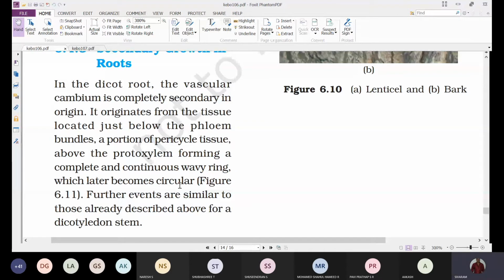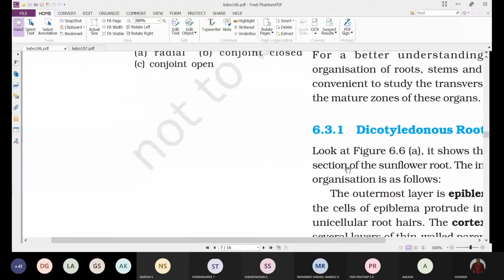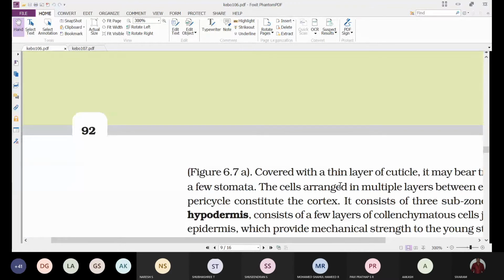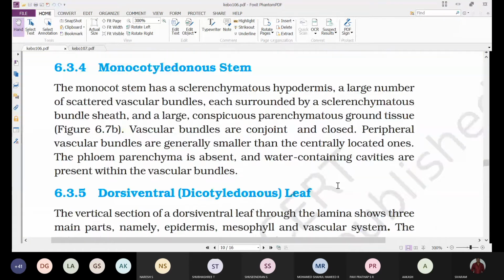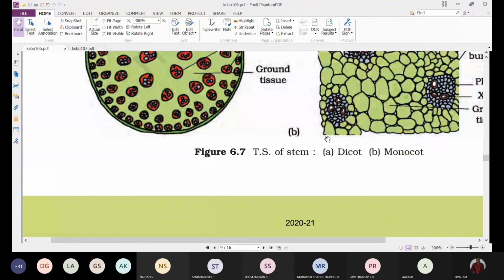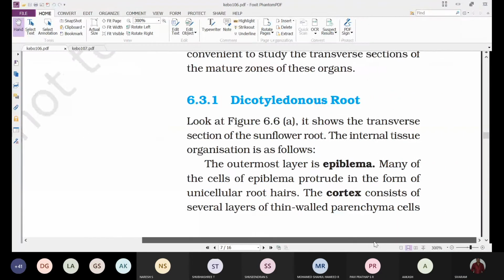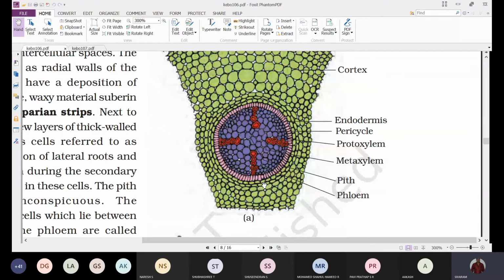So when you observe the dicotyledonous root, this is the dicotyledonous root.